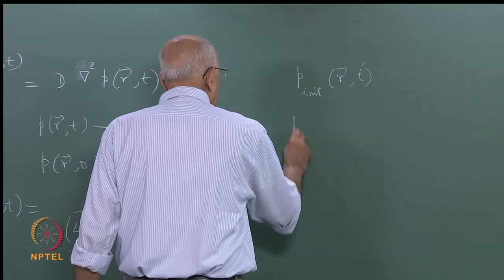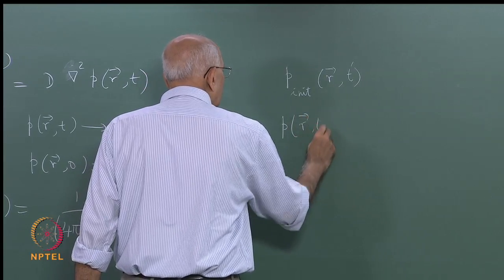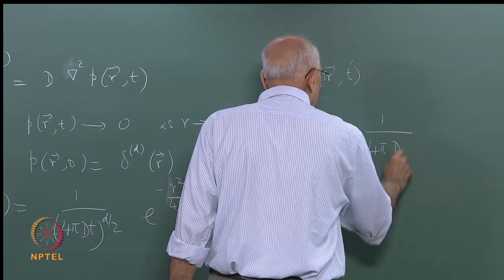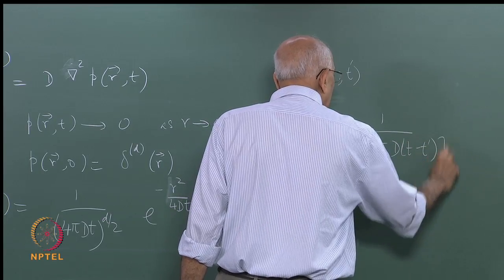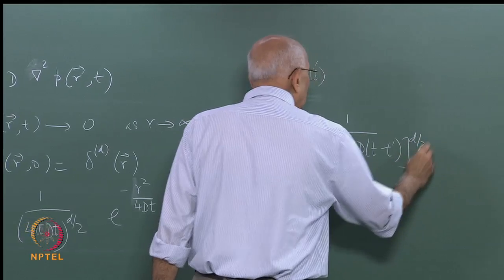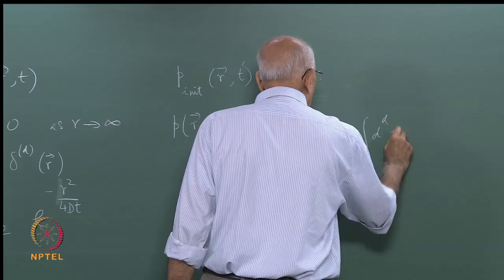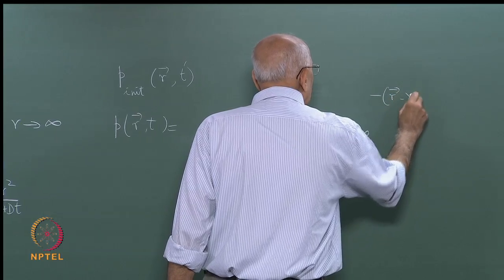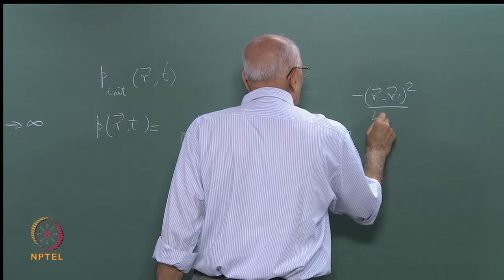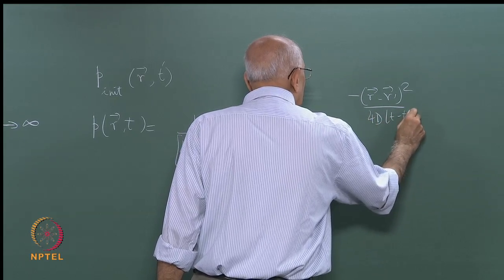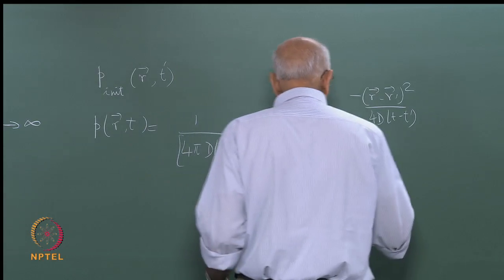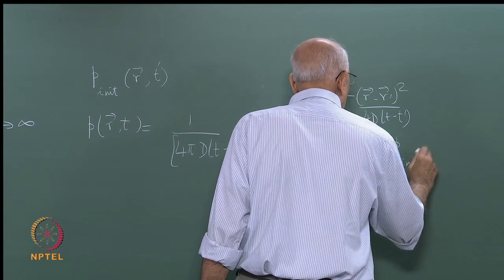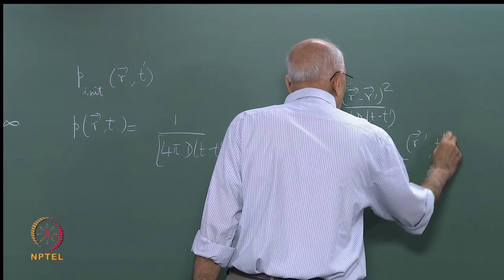So the solution becomes P of r comma t equal to 1 over (4 pi D (t minus t prime)) to the power d over 2, and integral d^d r prime, e to the minus (r minus r prime) whole squared over 4D (t minus t prime), multiplied by P initial, which is prescribed to you, r prime at t prime.